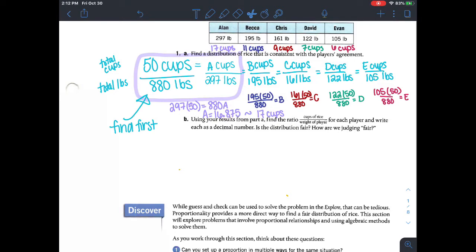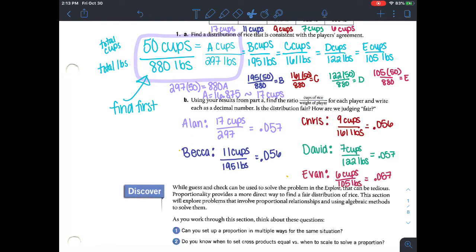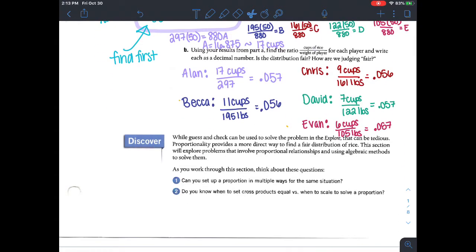So I'm going to take, for Alan, the number of cups he gets, 17 cups, per his weight, which is 297 pounds. So he's getting 0.057. I'll do the same thing for Becca, Chris, David, and Evan. So if I'm trying to describe this in the context of the problem, well, I just did a ratio.